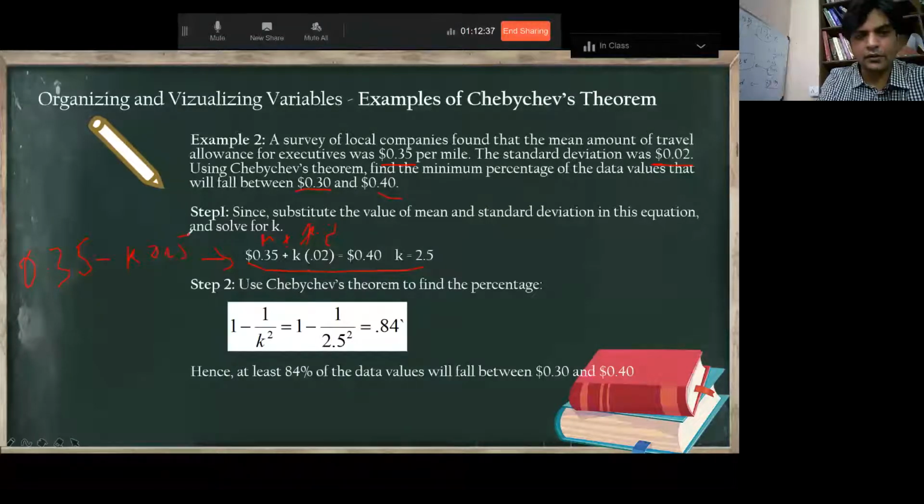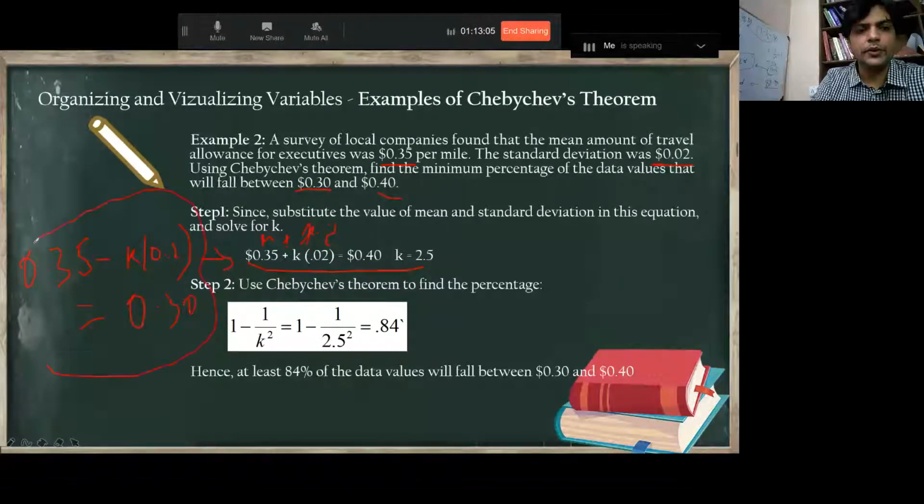0.25. Oh, sorry, 0.2. So it's 0.2 equals, so the lower range is 0.30.